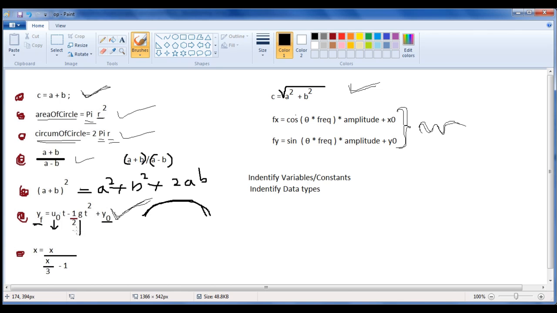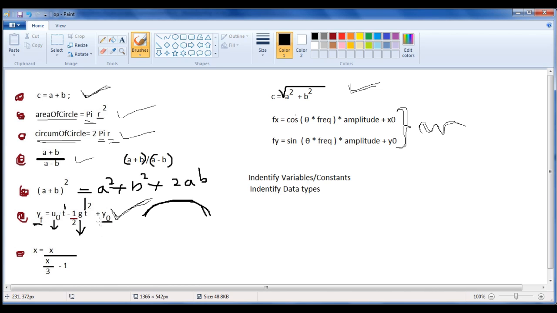Then g is the gravity, which is a constant, whereas time is a variable. Let us fix y naught, the y position, to 0. That is a constant for us. Initial velocity, let us take 20. Like that, that is a constant. We are not going to change it. If you want to change, then we have to create variables.